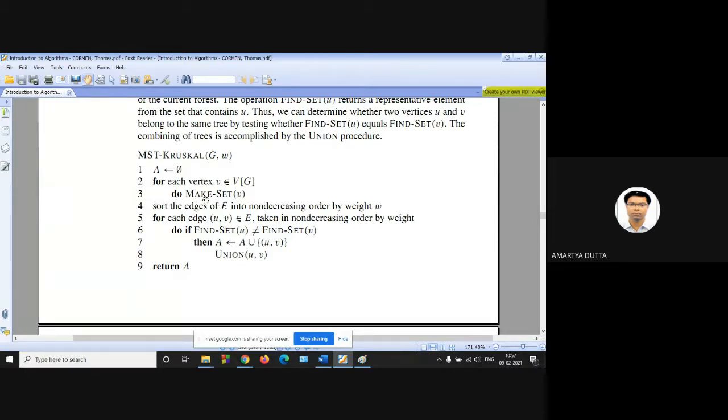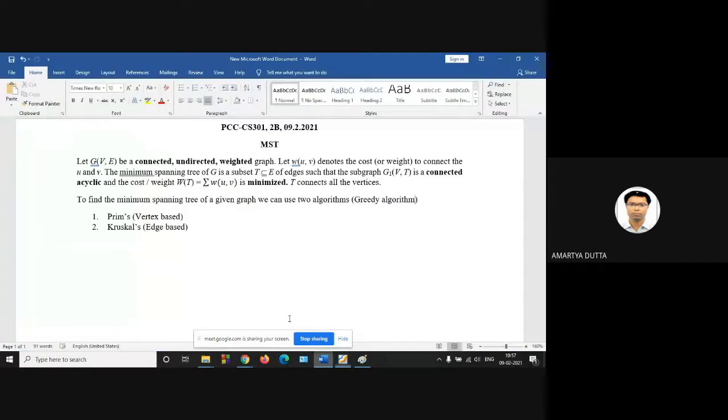So what is make set v? There are total 3 operations: make set, find set, union. These are the 3 operations of a disjoint set data structure. The disjoint set data structure is just out of syllabus, just for your information.